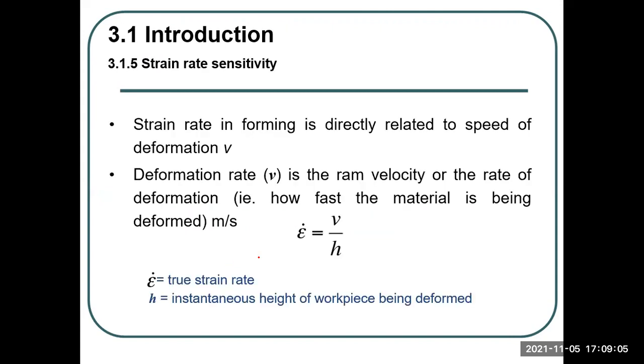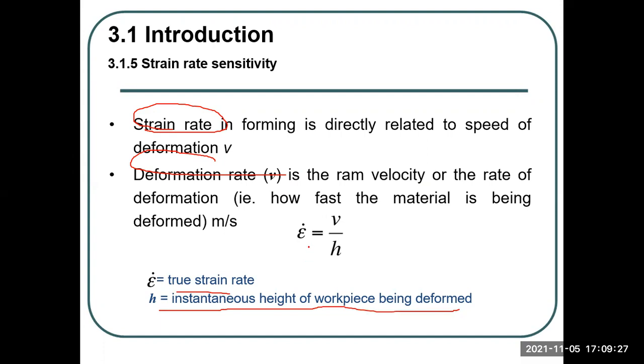Also, there's an important thing: strain rate, which means how fast you change the deformation. It is the rate of deformation, how fast the material is deformed. The true strain rate depends on the velocity and the instantaneous height of the workpiece being deformed.